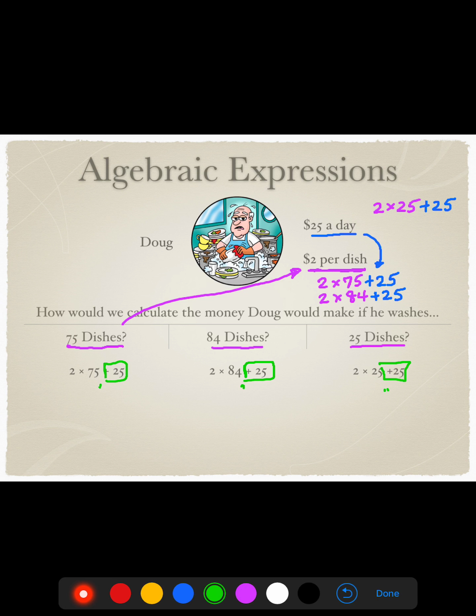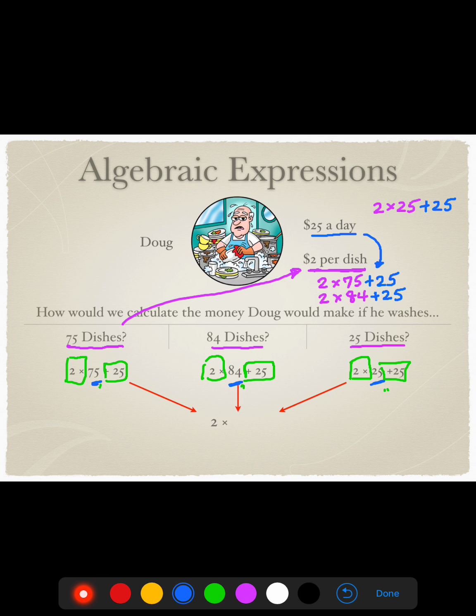And then I also know that he is earning $2 per dish. Now we know we're multiplying by 2 each time and we're adding 25 each time. But also something to think about is, what are we multiplying by 2? Well, it's always going to be different every time. So in this case, it's 75. In this case, it's 84. In this case, it's 25. So we could say that it varies every time.